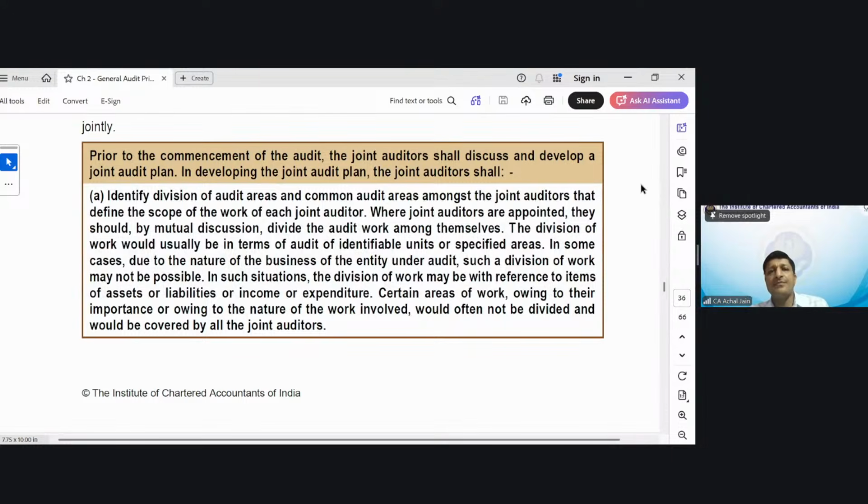You can say that's the starting point. Otherwise, there will be confusion. And how do they do it? It's a discussion wherein the auditors sit together and decide what is going to be the common thing and what is going to be the scoping that they want to get into.